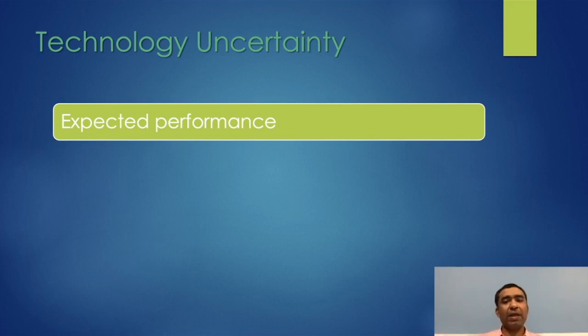This is a very important uncertainty in the technology market, because people have expectations, and whether our product will meet that expectation and the promises we made to our customer is also an important factor.